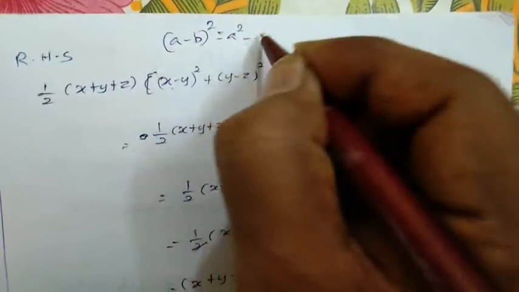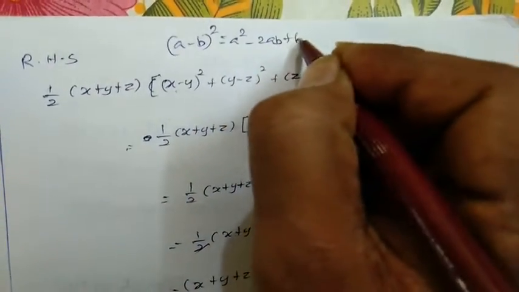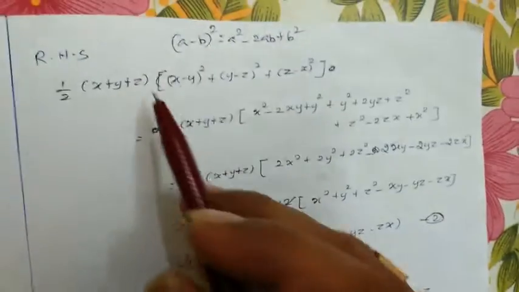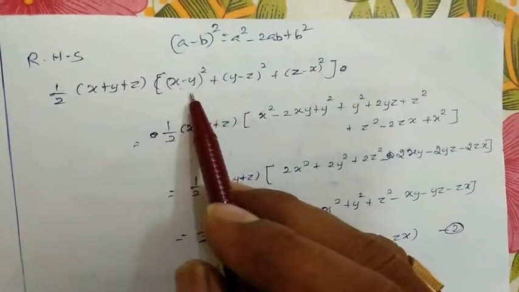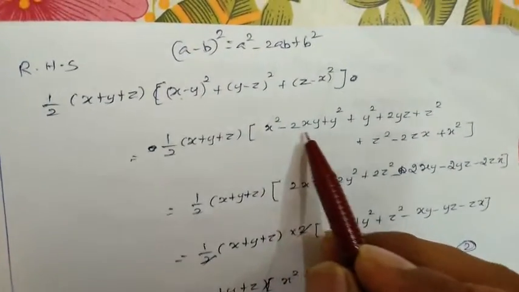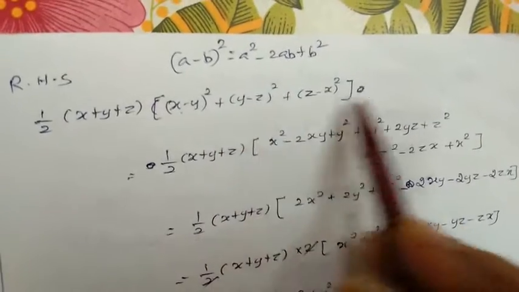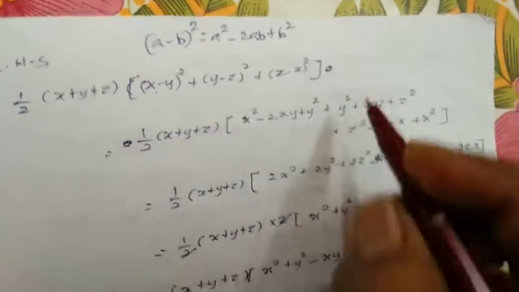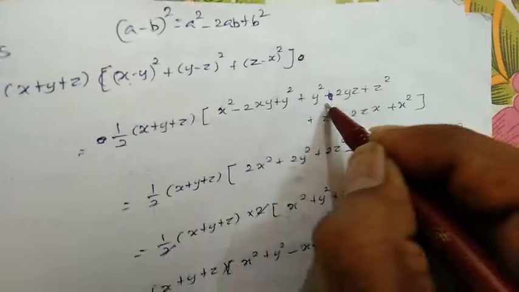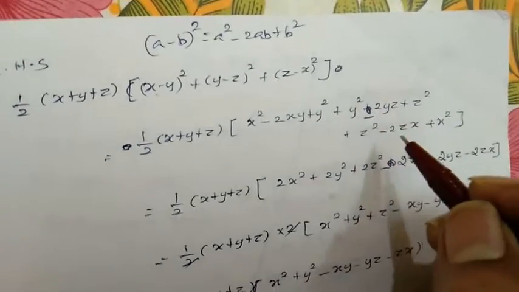The a minus b the whole square identity is a square minus 2ab plus b square. So here substitute a value x, b value y, that is x square minus 2xy plus y square. Here y minus z the whole square, y square minus 2yz plus z square.